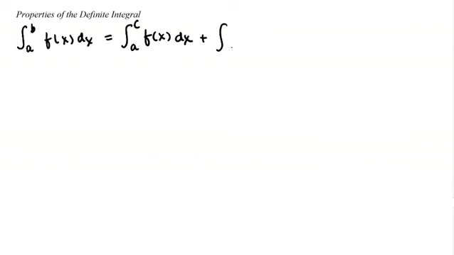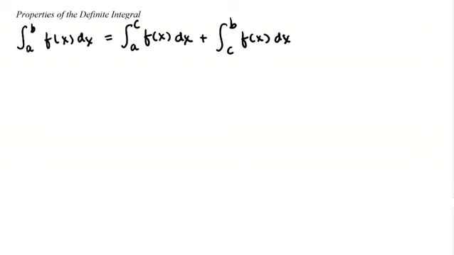All right. I think the first one is the one that we were kind of up against in that previous example. If we have the integral from a to b of f, and c is some number in between a and b, we can split up that integral into 2 sub-integrals and add them: from a to c, and from c to b of f of x dx.